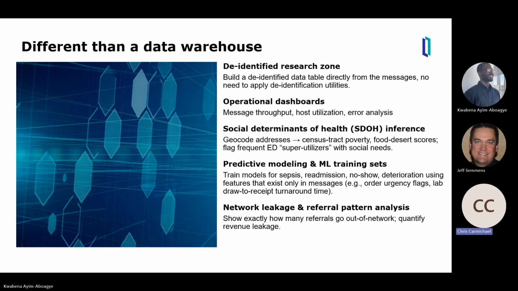There's no PHI. It's built in upfront without PHI, so you don't have to have a third party tool downstream that's taking that PHI out of the message itself. You can also have predictive modeling and ML training sets where you can take the features of the model and create a table based on those features, and then periodically take that data and feed it to the ML training set to keep it valid and up to date. Next slide.